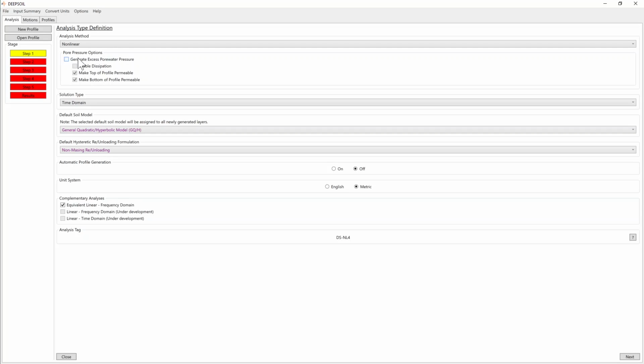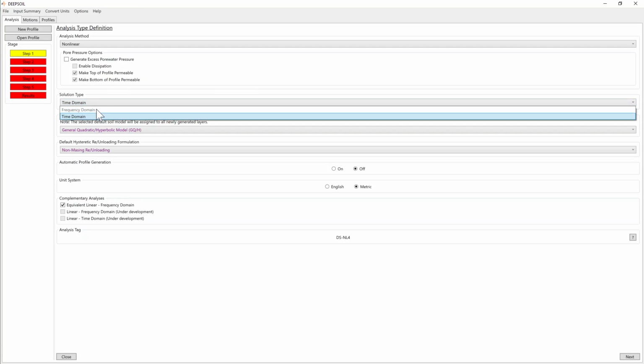But the truth is, it's only as good as your pore pressure models and your constitutive models that are being used in your analysis. And as we'll see in the training session, there's still a fair amount of doubt to have about the ability of these models to capture the surface waves. You can definitely capture the liquefaction triggering of these models, but maybe not the wave propagation. So I would leave that behind for now.